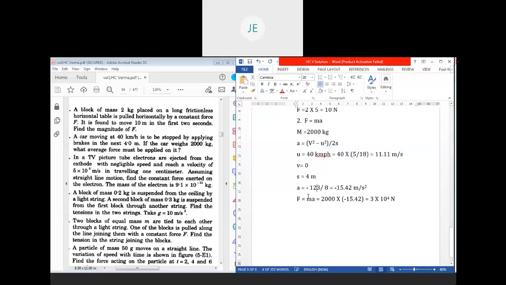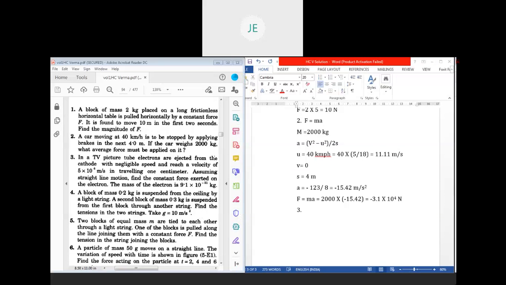Then acceleration will be, simplifying, minus 15.42. Then force is equal to ma is equal to 2000 into minus 15.42, which is nearly equal to minus 3 into 10 power 4 Newton. That is the answer, approximately minus 3.1 into 10 power 4.